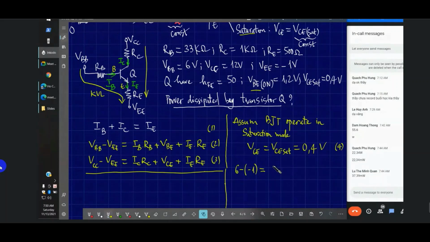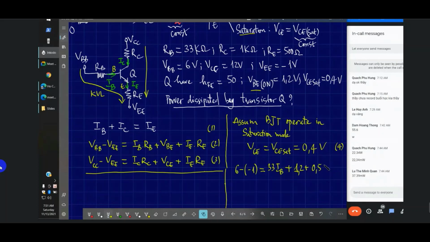What is RB? 33 IB. And then plus VBE, 1.2 volt, and then IE RE, right? RE is 0.5 kilo ohms.